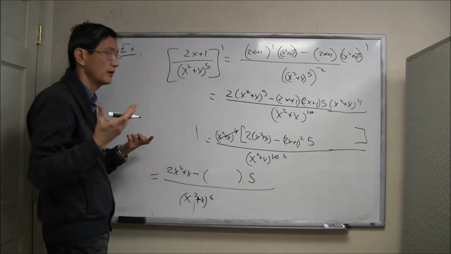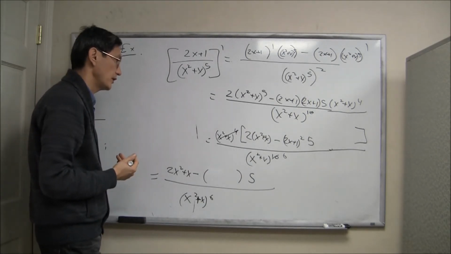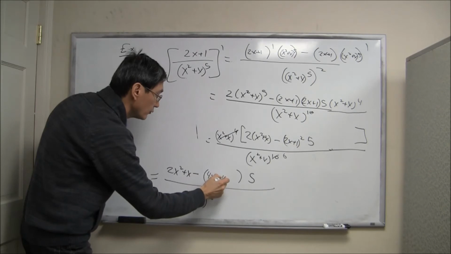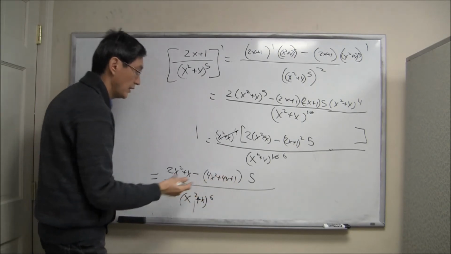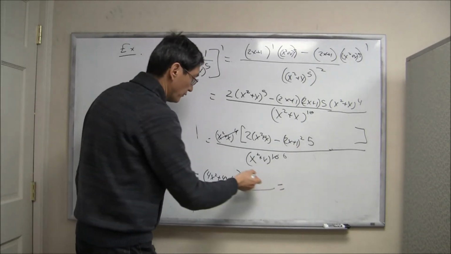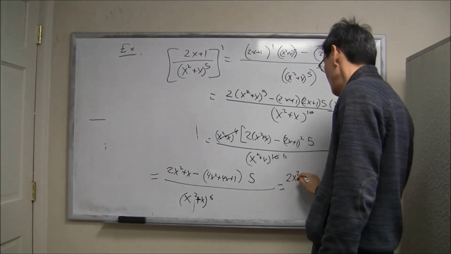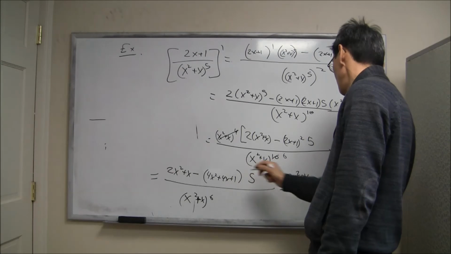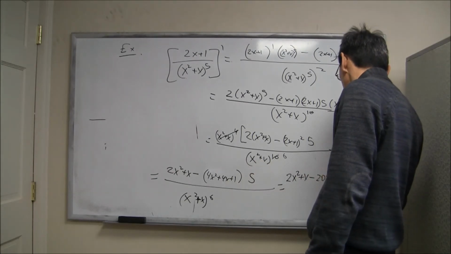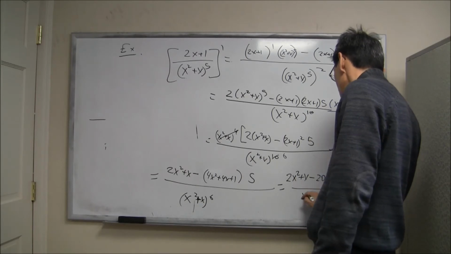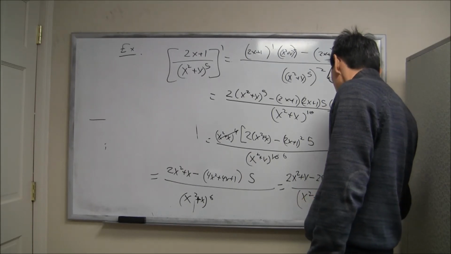FOIL, or your favorite way of squaring the sum, so we should get 4x squared plus 4x plus 1. Distribute minus, distribute 5, distribute minus. So we have 2x squared plus x minus 20x squared minus 20x minus 5 over x squared plus x to the 6th.